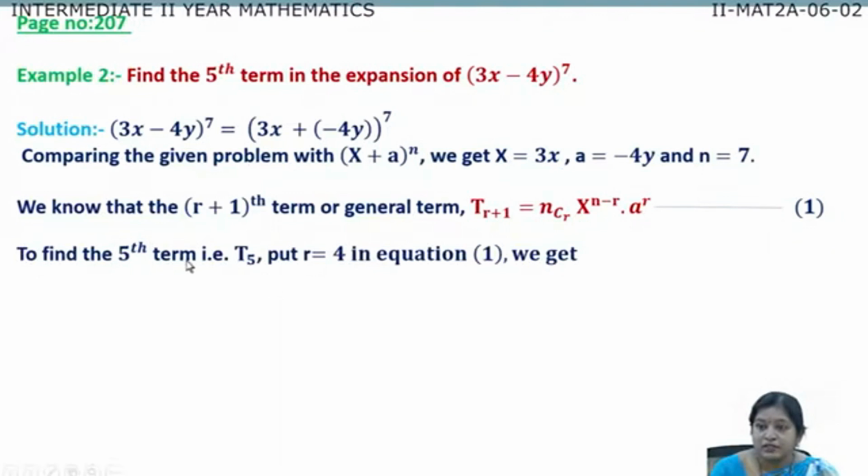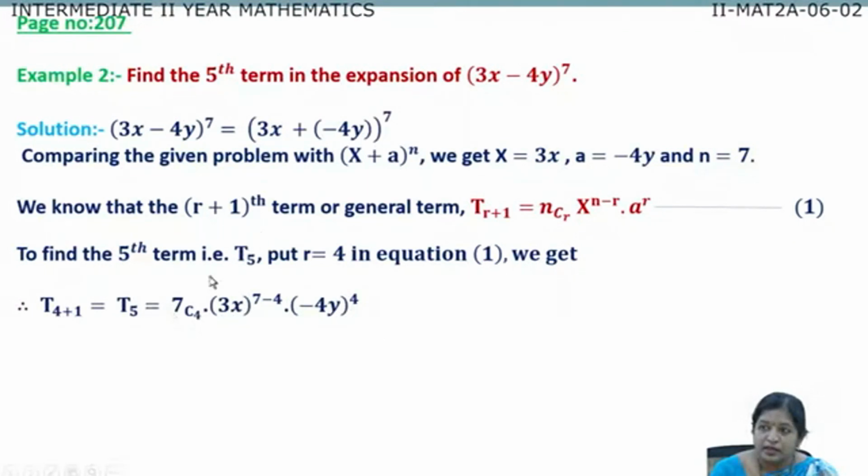Now the fifth term we have to find. So to find the fifth term, t5, what should we put in the place of r to get t5? If we put r value as 4, we get 4 plus 1 is equal to 5. So we are substituting r value is equal to 4 in equation number 1, so that we will get t(4 plus 1) is equal to t5 is equal to nCr.